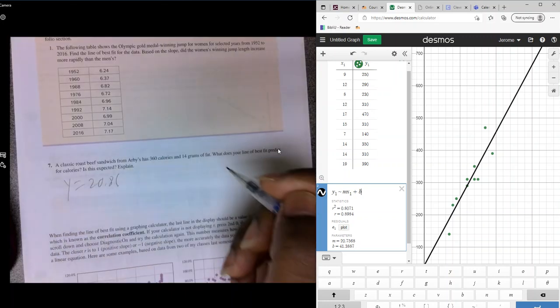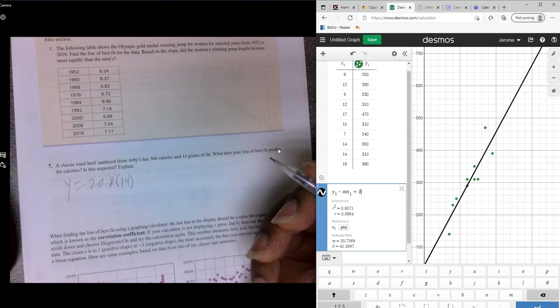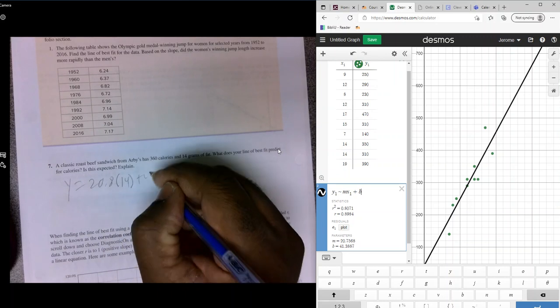Explain. Okay, so we have to use the formula that we had, which is y equals 20.8 times 14 plus 41.4. So y would end up being 332.6 calories.